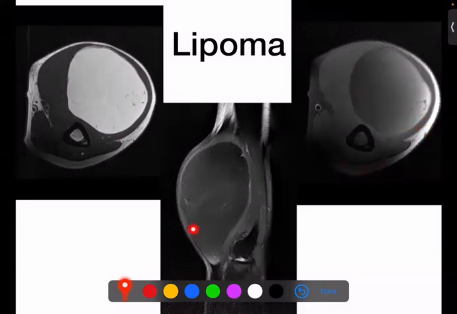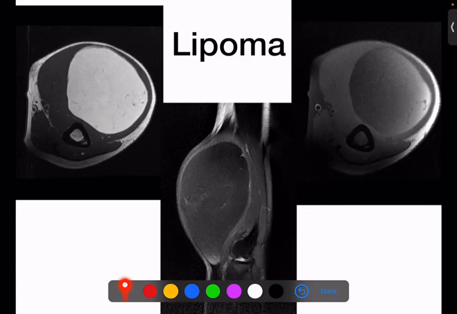Okay, when we go to this image, most likely this is T2. Fluid inside the joint is bright, so this is T1 fat suppression most likely. But this is T2, fluid inside the joint is bright, and the fat or the tumor is dark, and subcutaneous fat is also dark.